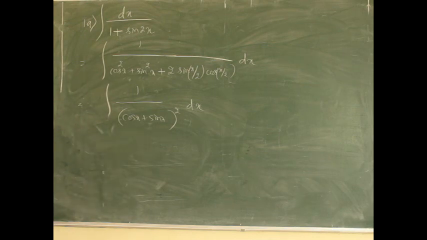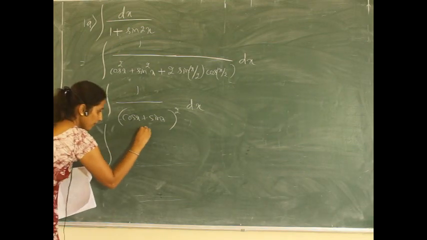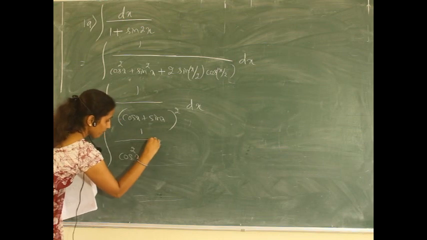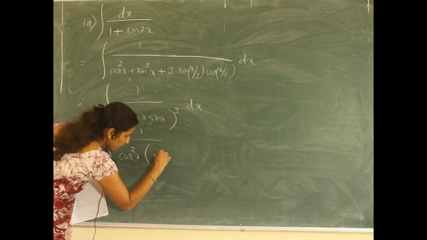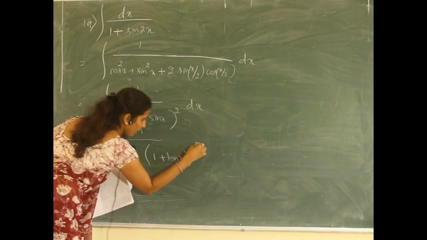What we can do here is take cos square x outside from the denominator. So 1 by cos square x, the remaining will be (1 plus tan x) whole square.